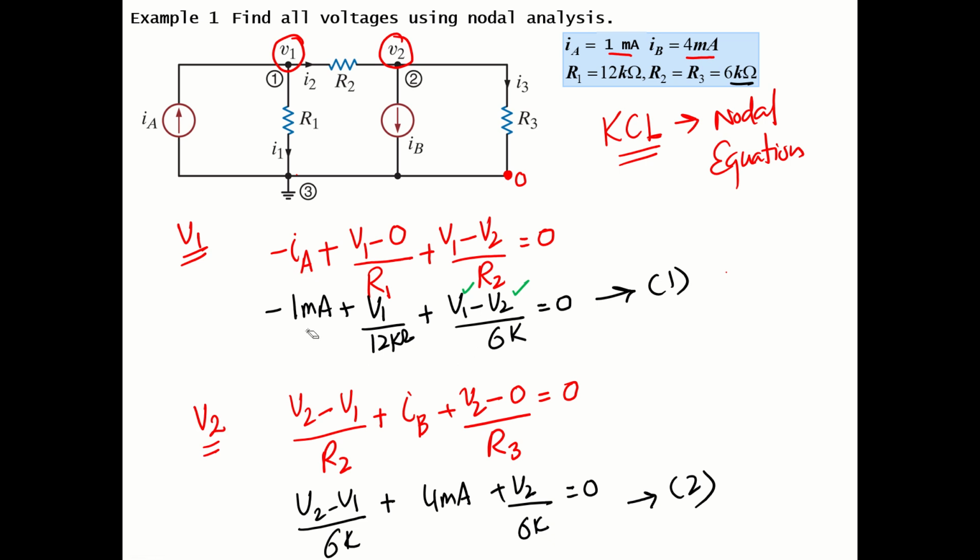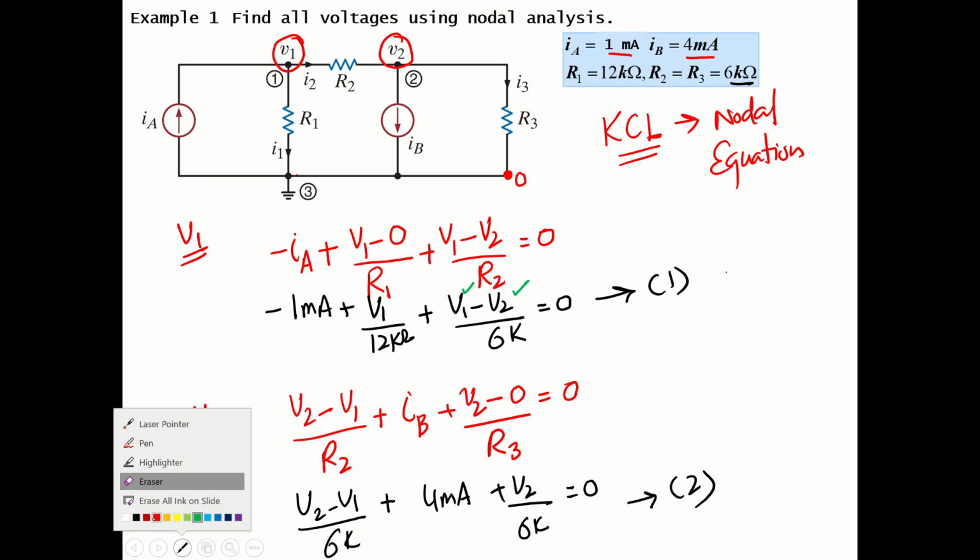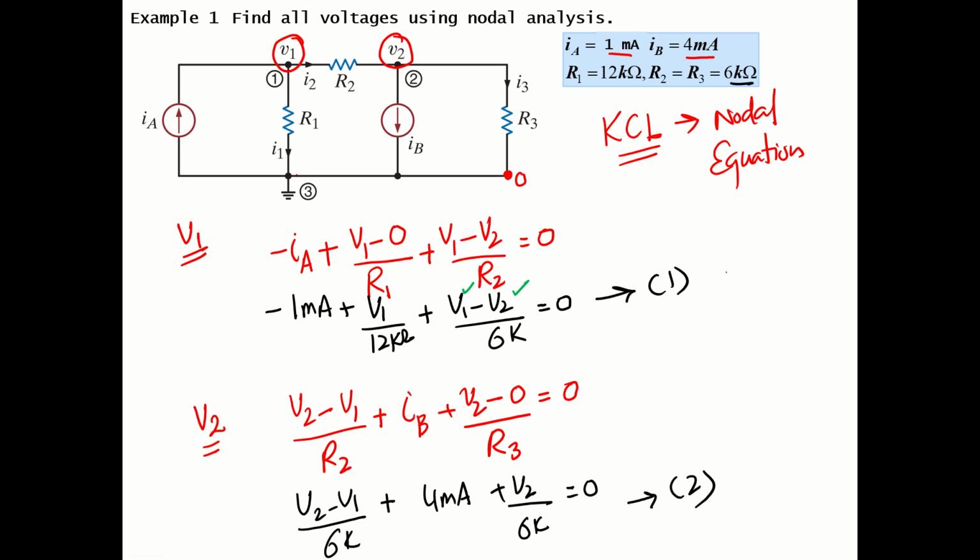Now, just to make the further analysis simple, we can put these equations in a simpler form so that we can easily solve them. What could be the approach to make it simpler?